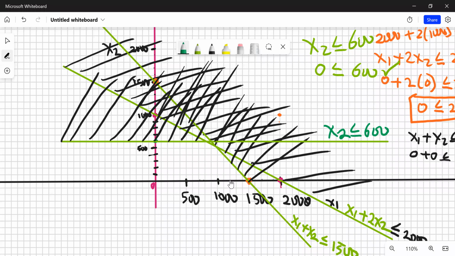And all the time, you shade these two, this shade below, and you also shade here. So the line here is x2 is greater or equal to 0, and this line here is x1 is greater or equal to 0.